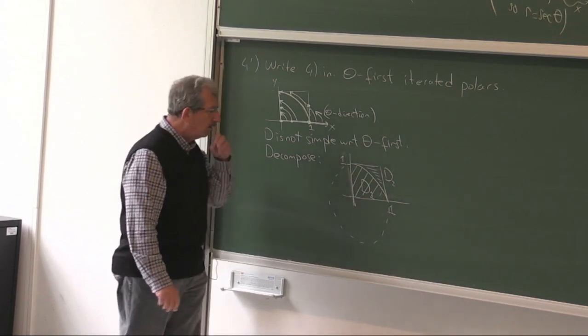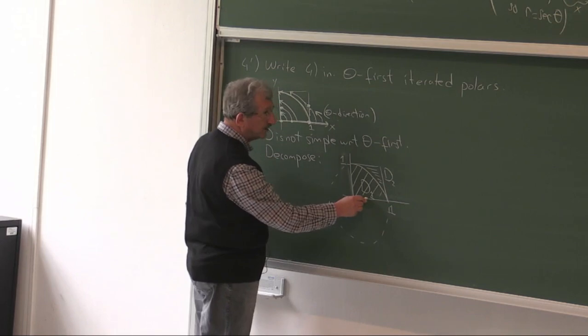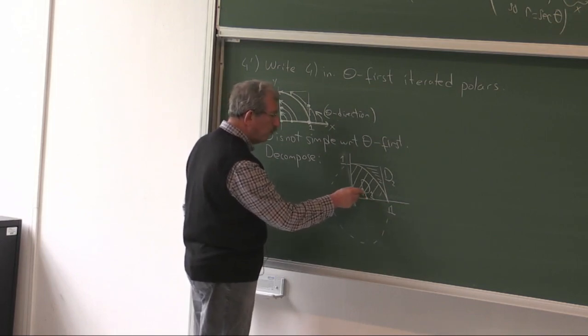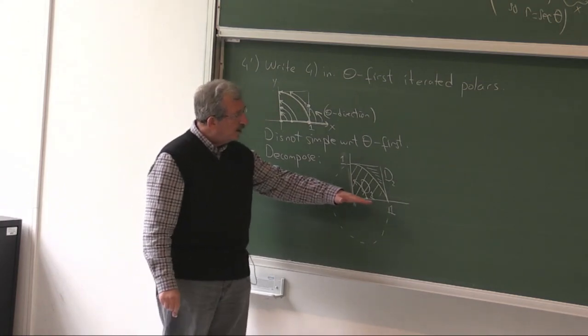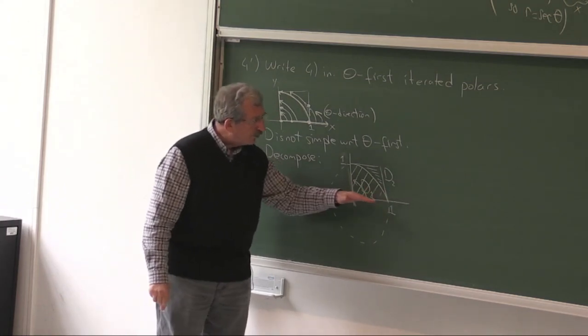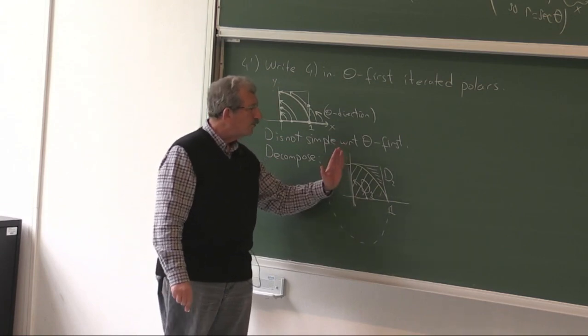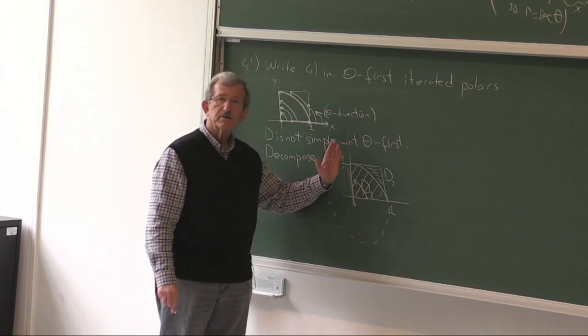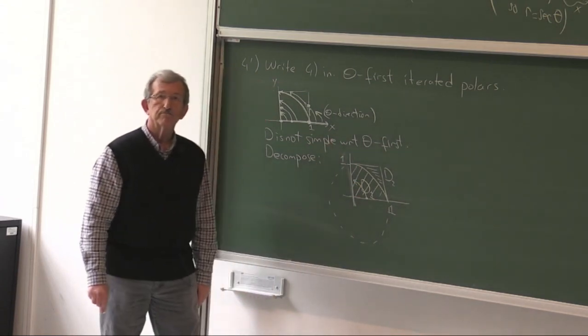Why? Because if we start from anywhere on the positive x-axis and move counterclockwise, we always start from theta equal to 0 curve, which is the positive x-axis, go up to the positive y-axis, which is theta equal to pi over 2.